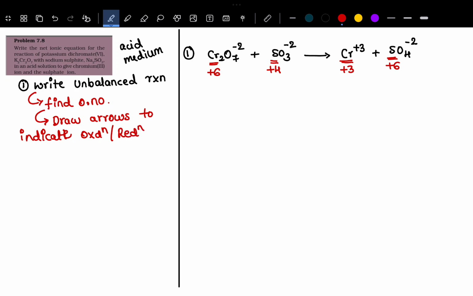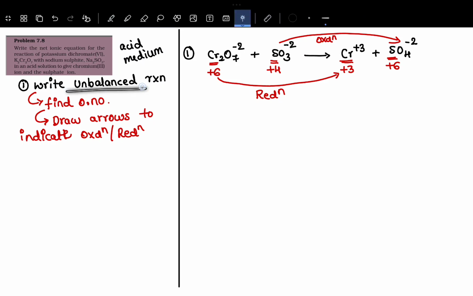Here chromium is getting converted from plus 6 to plus 3. This is gain of electrons, so this will be reduction. Whereas sulfur is getting converted from plus 4 to plus 6, so this is loss of electrons, which is oxidation. So this is our overall first step. First we write the unbalanced reaction.